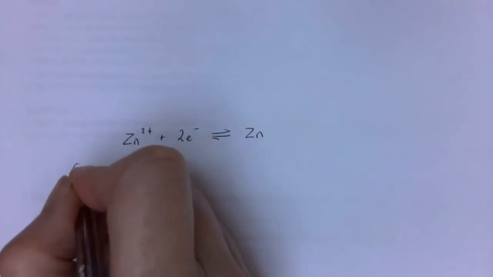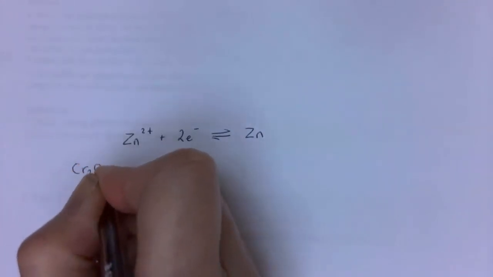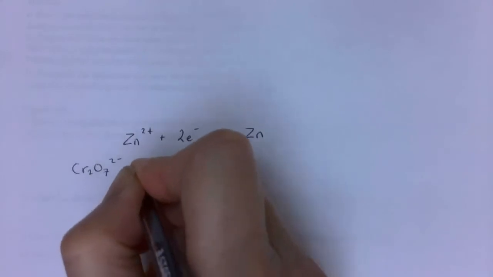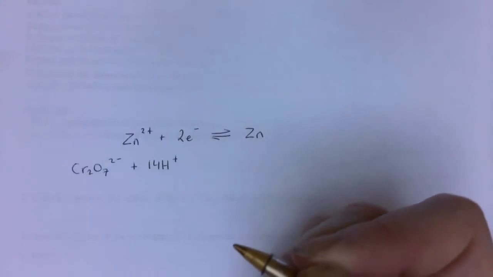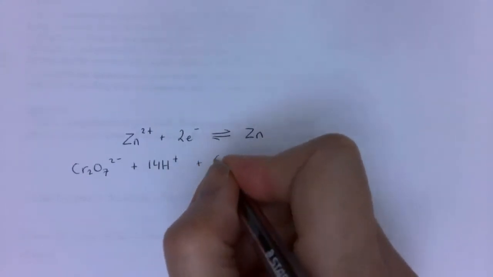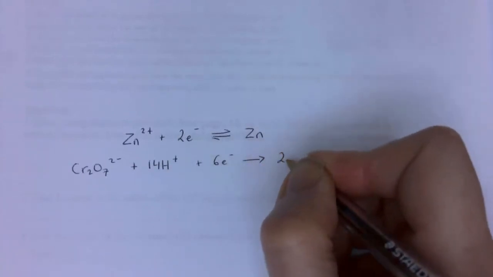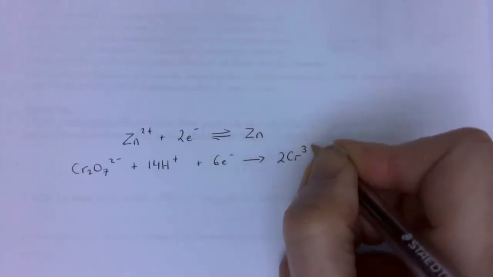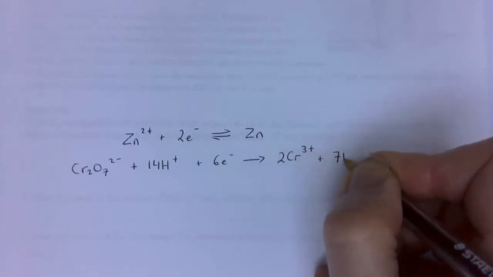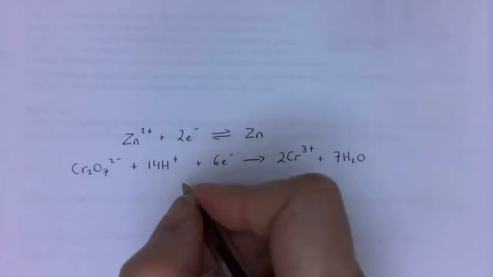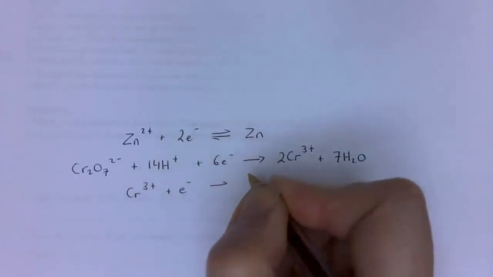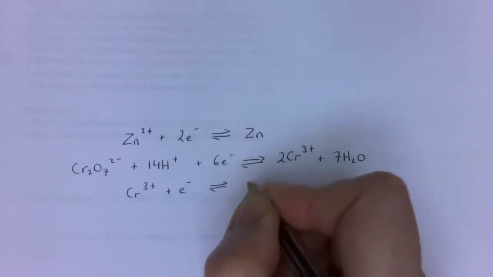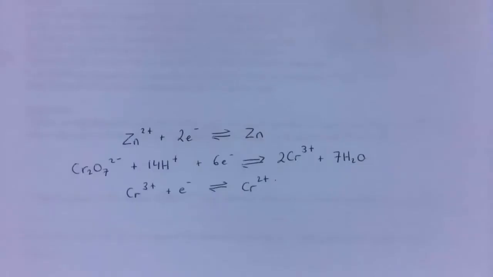We're also interested in the dichromate, Cr2O7 2-, this is one we've come across before, plus 14 H+, which is why we need that acid present, plus 6 e- going to 2 Cr3+ plus 7 H2O. But we're also interested in the Cr3+ going, so that should be reversible, to Cr2+. Okay, so those are the three equations we're looking for in our data book.